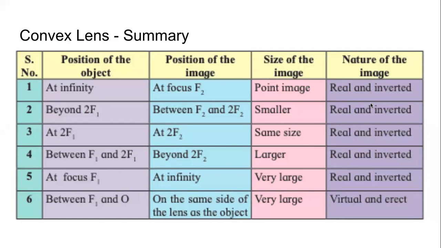In the textbook, nature covers both real, virtual, inverted, erect. And that's okay. If you understand the diagram, you understand the table. If you understand the table, you understand the diagram. For me, as a student, it has always been easier to remember the diagrams. I don't know what is the situation with you.